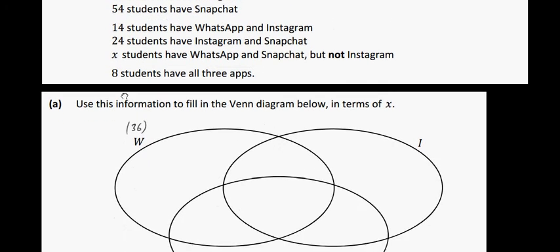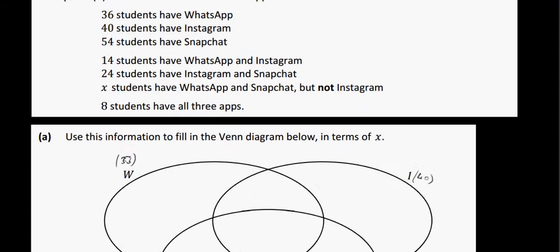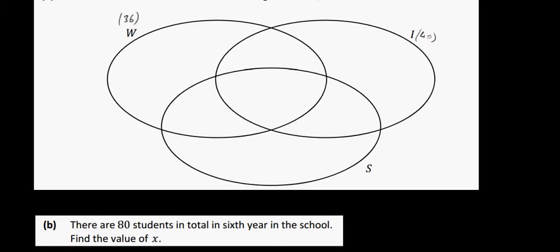Next part, 40 students have Instagram, so same thing again. So I'll just put 40 here. Can't fill it in anywhere here. So next one is 54 students have Snapchat. I don't know how to divide that up, so I'll just write it in here for the moment.